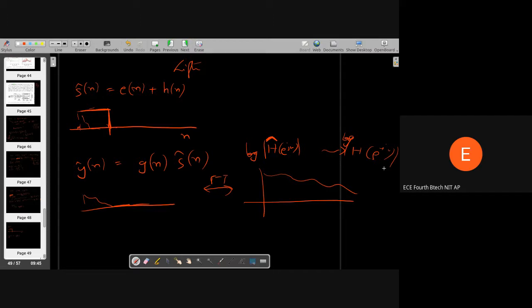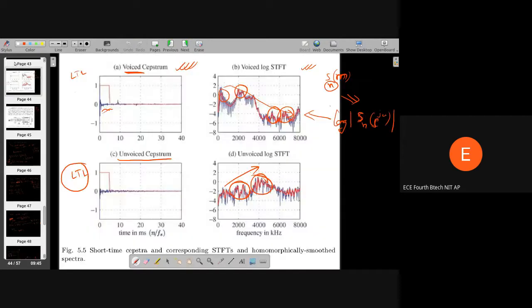So this is basically what we discussed today. This is Cepstrum, a simple but very important tool for analysis. We have seen this figure.